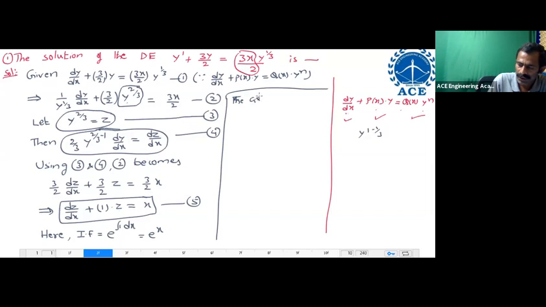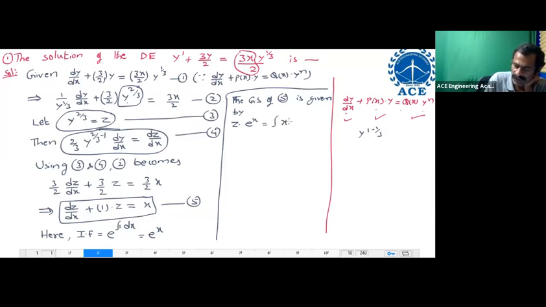The general solution of phi is given by integrating factor: z, the dependent variable, into integrating factor e power x equals the integral of the non-homogeneous part, that is, q of x.